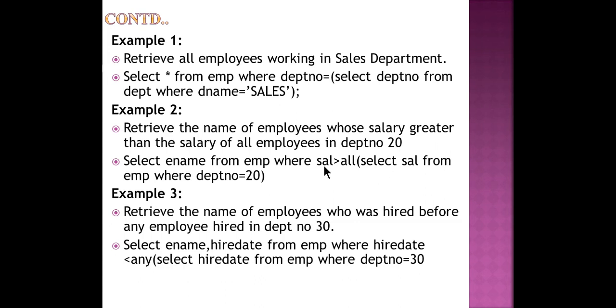Okay, the salary will be compared with all the values of the result of the subquery. If the salary is greater than all the values of the list of values, the result of the subquery, then the ename will be displayed, right? Similarly, you can also analyze the example 3.